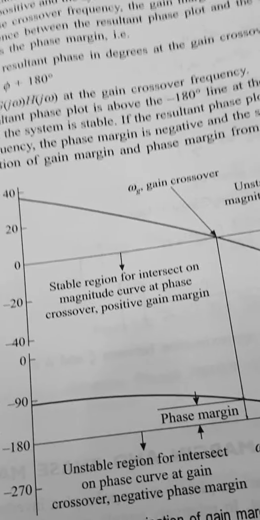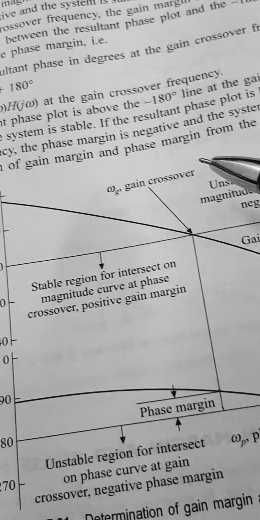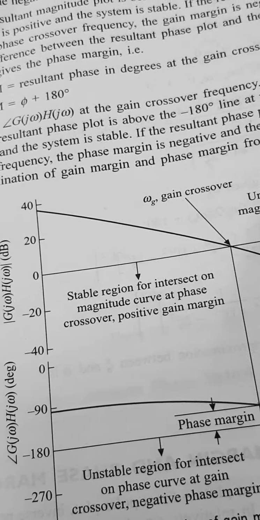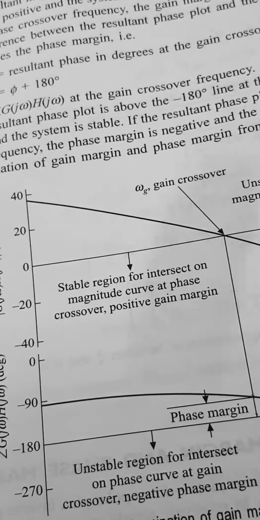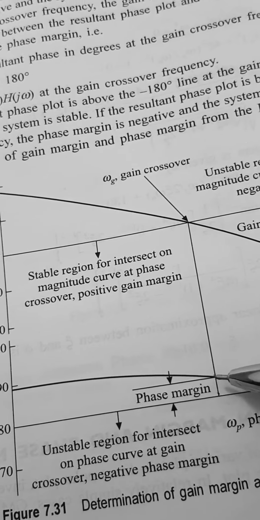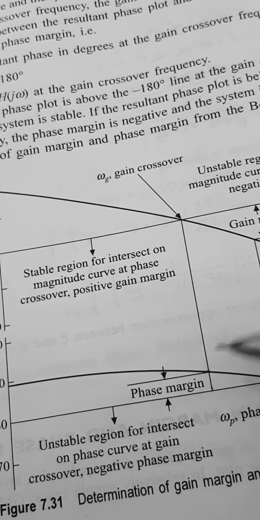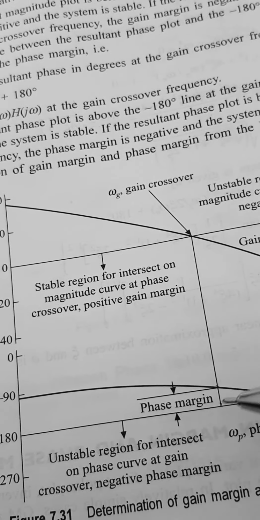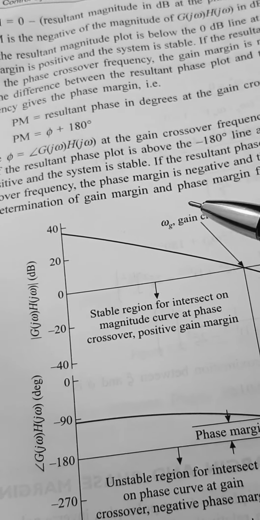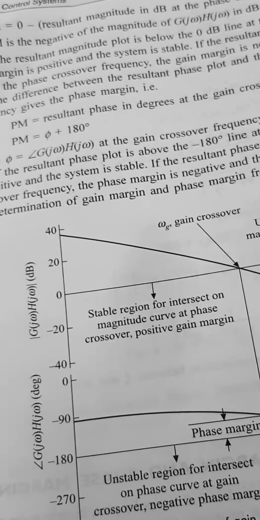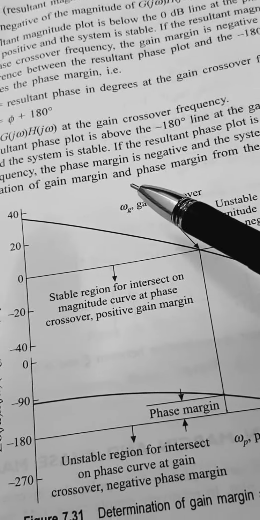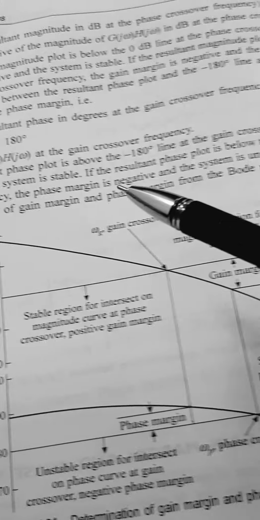At that time the phase margin is positive, because the angle relative to minus 180 degree is a positive value. Phase margin is positive and the system is stable.